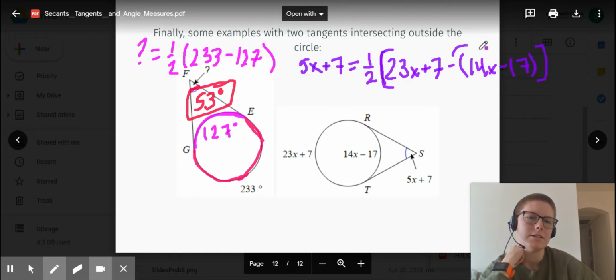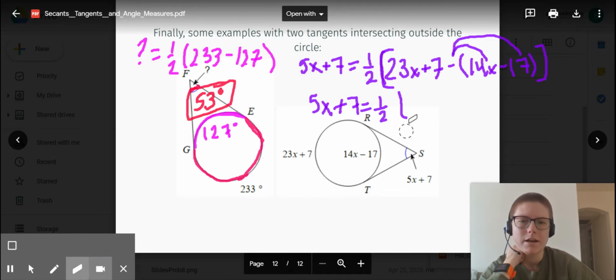Okay, still got to distribute that minus into these parentheses. Just going to copy the rest all down. 5x plus 7 equals 1/2. That was a really bad attempt at a parenthesis bracket thing.